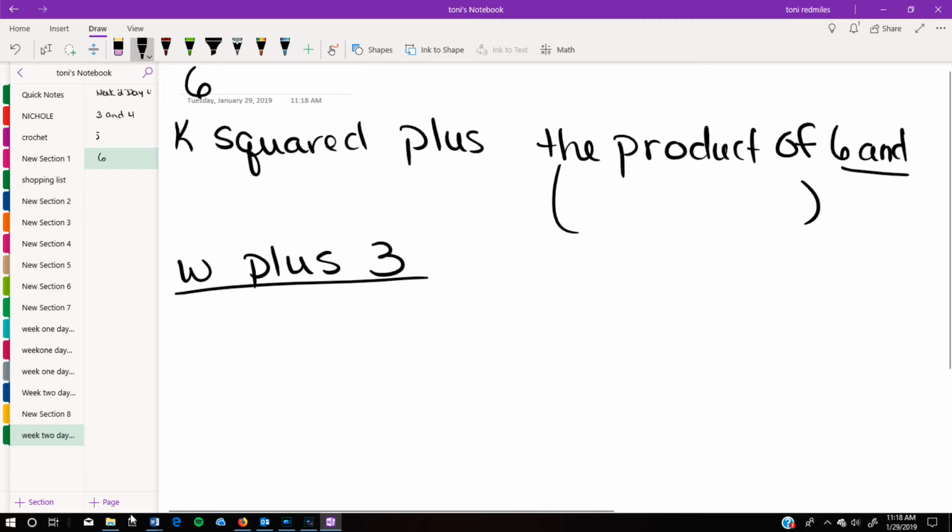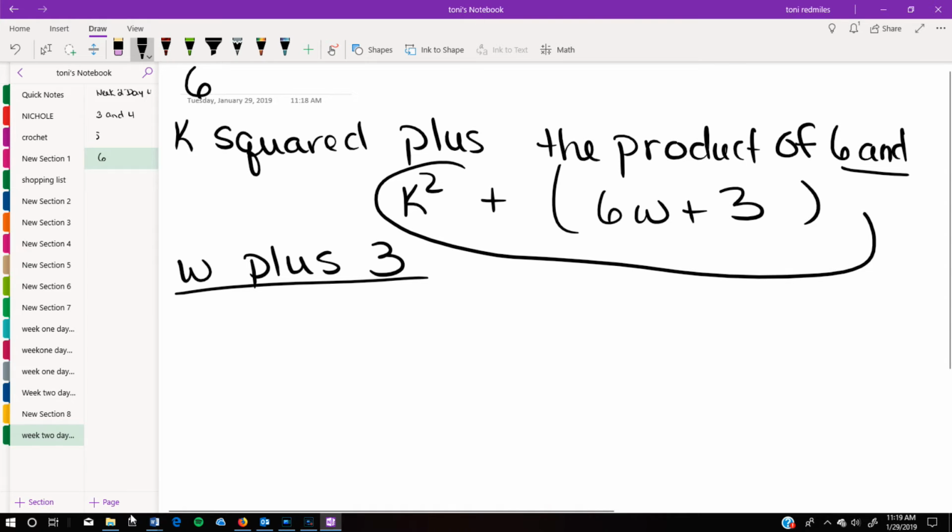It's going to all be multiplied, the first two at least, 6 and w plus 3. Okay, because there was no little comma to tell me that I was done with the product of what's in the parentheses. And k is squared, and plus means addition. So here is my expression.